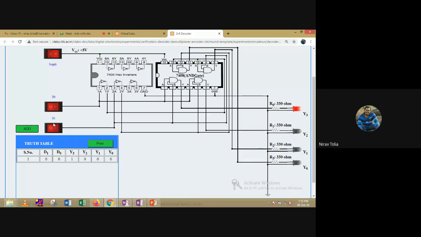Suppose my input is 0 1. At 0 1, my Y1 is activated. Sorry, here it is 0 1.